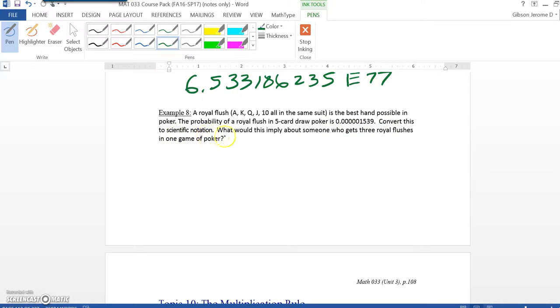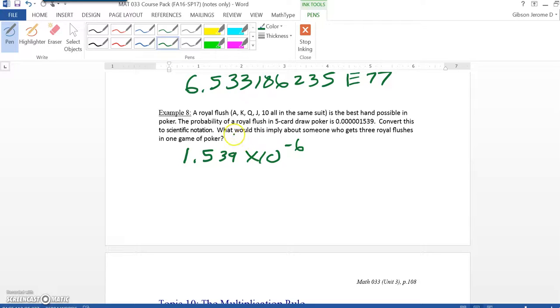Convert this to scientific notation. What would this imply about someone who gets 3 royal flushes in one game of poker? Okay, so if you notice, we have to move this decimal 1, 2, 3, 4, 5, 6 places. So it'd be 1.539 times 10 to the negative 6 power.